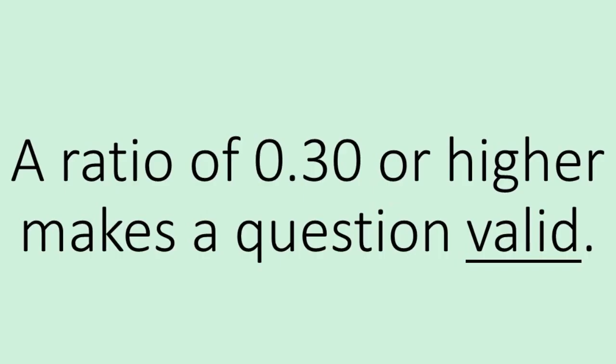It is recommended that a ratio of 0.30 or higher makes a question valid. The value should be 0.30 or up to a perfect 1.0. That makes your question valid. Otherwise, it's not valid if it is 0.29 or less.